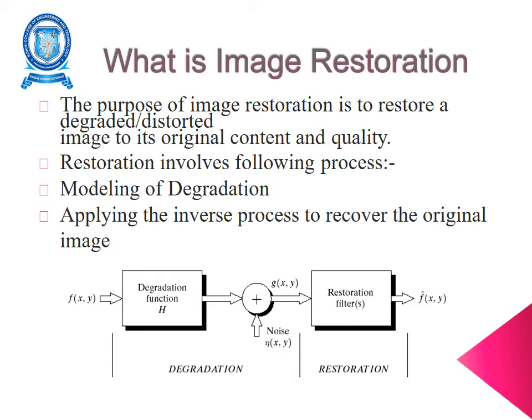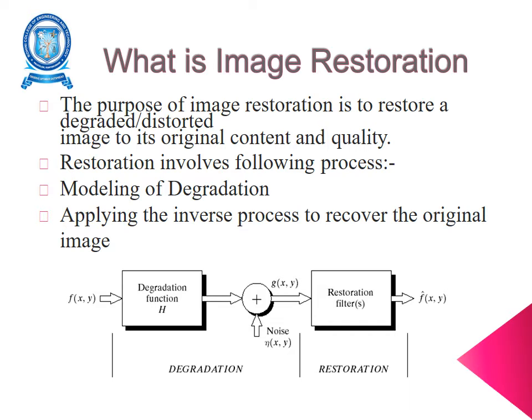So this is the model of an image restoration. The main purpose of image restoration is to restore a degraded or distorted image to its original content and quality. So this is the model of degradation. First, we take an input image, given as f of x comma y, that is, my image f lying along the axes x and y.